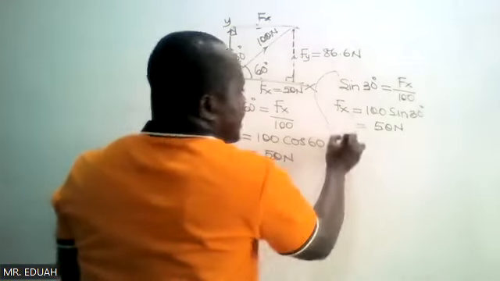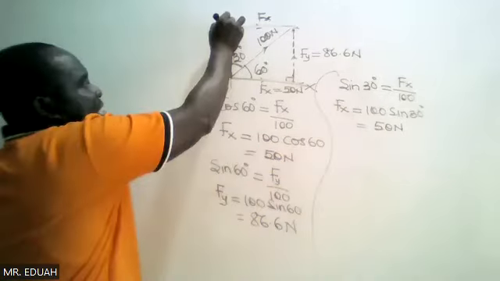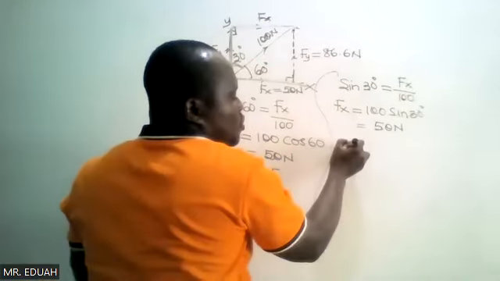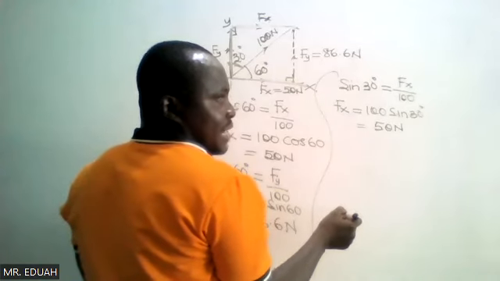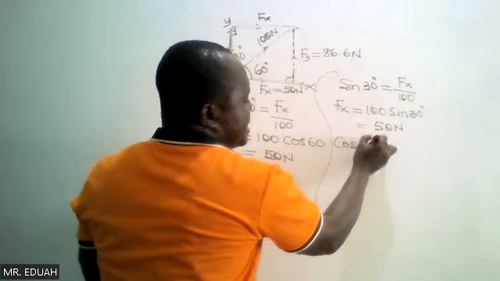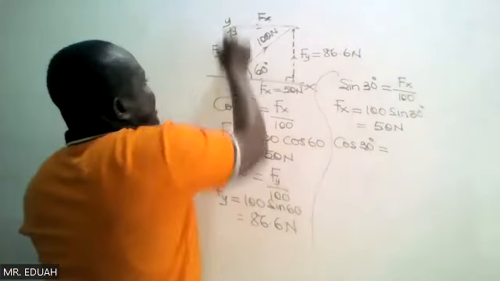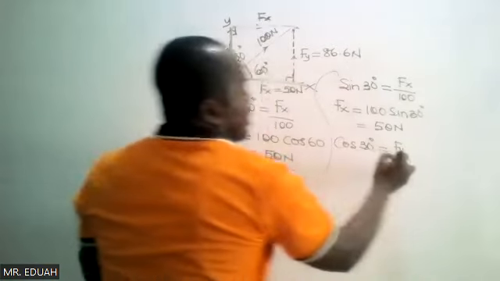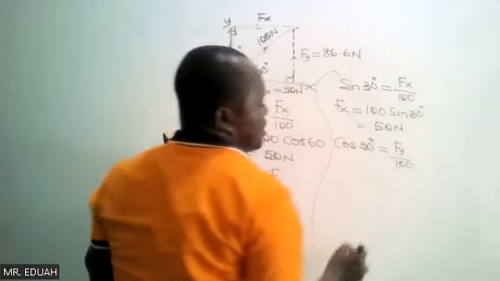Then, if I'm looking for this side, because it is adjacent to this angle 30, I have to use cosine, right? So cos of 30 degrees, because the adjacent, which is Fy, over the hypotenuse 100 Newton.